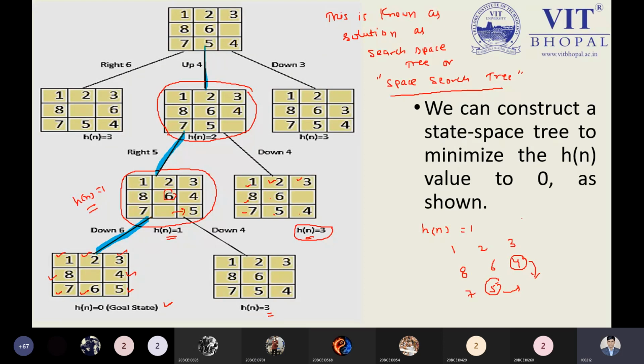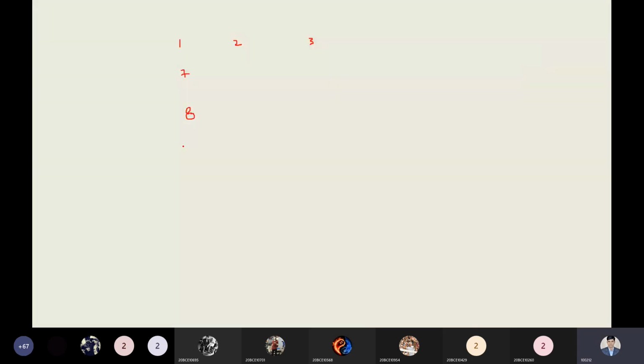Okay, so 1, 2, 3 on the third side, third down, you can say. This is the 6, and this is the 5, and this is the 4. Yes, sir. Okay, so in this case, what is the problem?